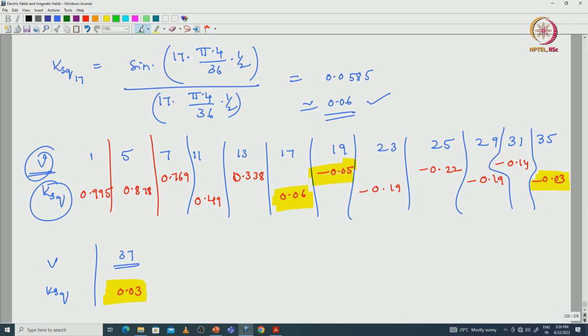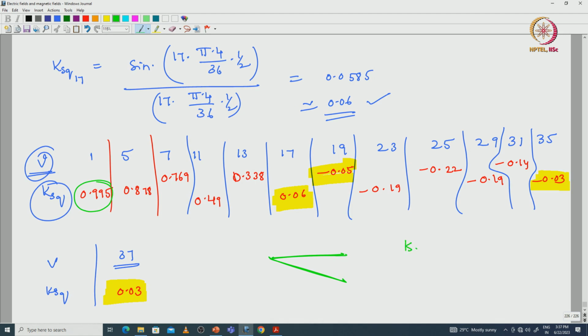That means the slotting effects are minimized because of the skewing of one slot pitch. Because of the skewing, the fundamental component also will come down slightly, because the interaction of fluxes with respect to the straight rotor bar and with respect to the skewed rotor bar will definitely come down. That we can identify here.